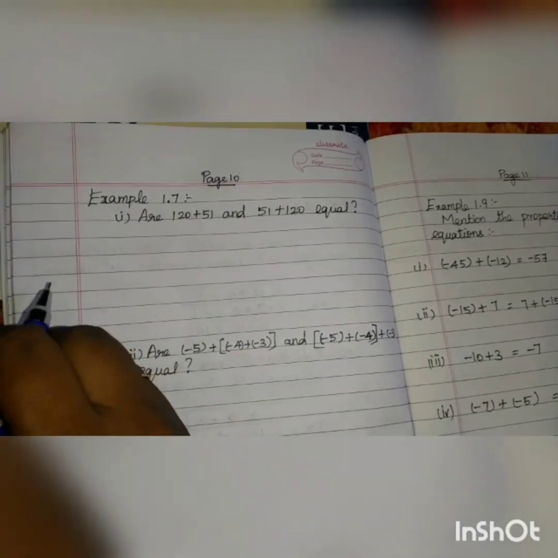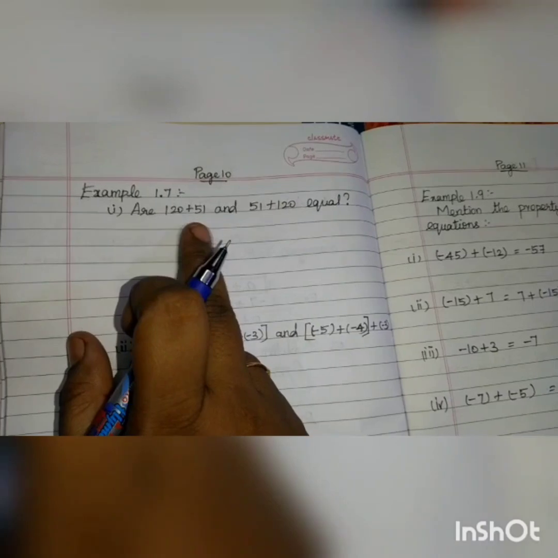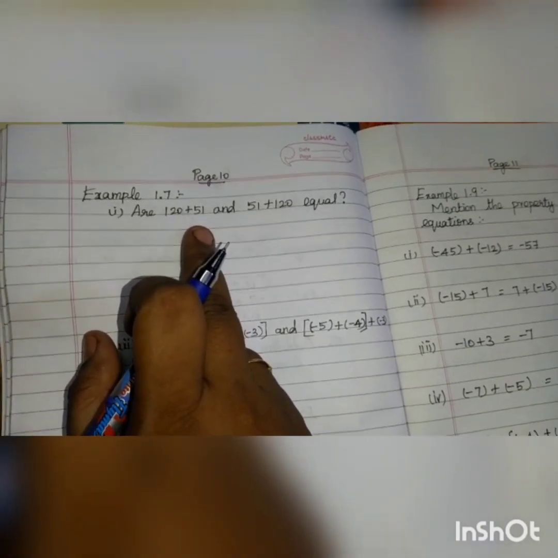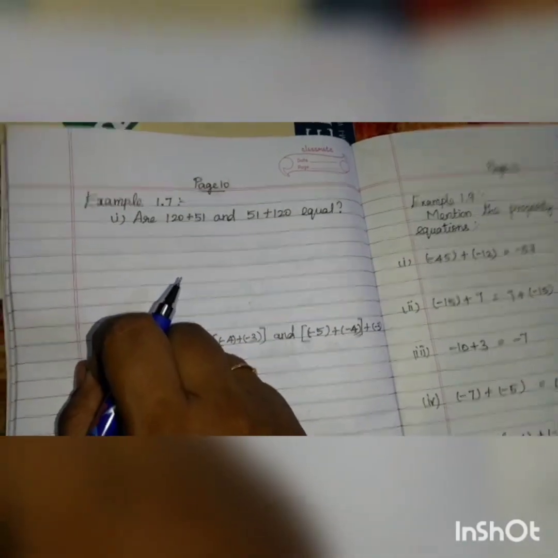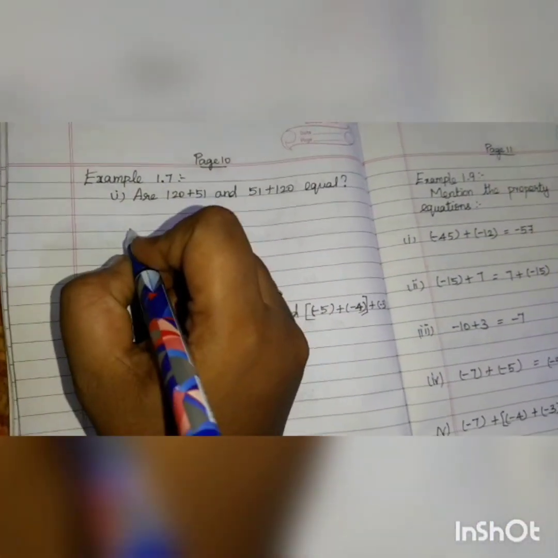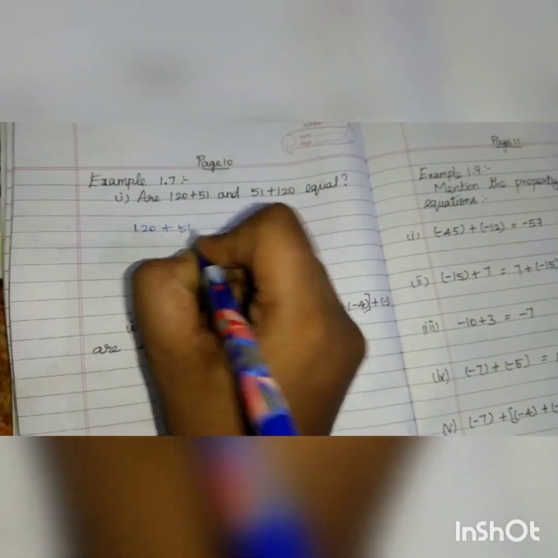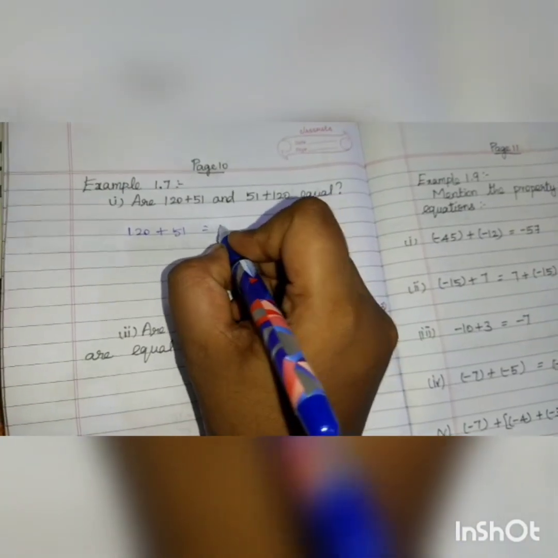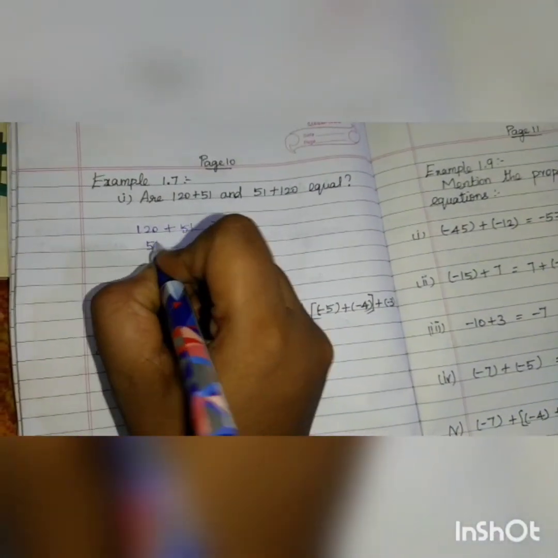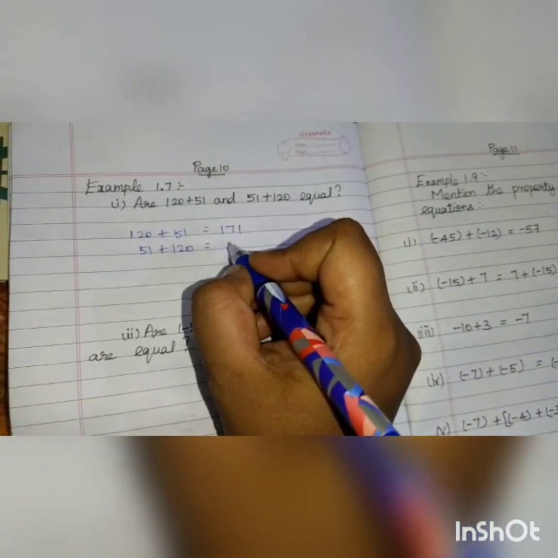We all know what property this is. Two numbers are there, so what property is this? Commutative property. Yes, commutative property. You just solve it here. 120 plus 51 equal to 171. Here 51 plus 120, what will come?